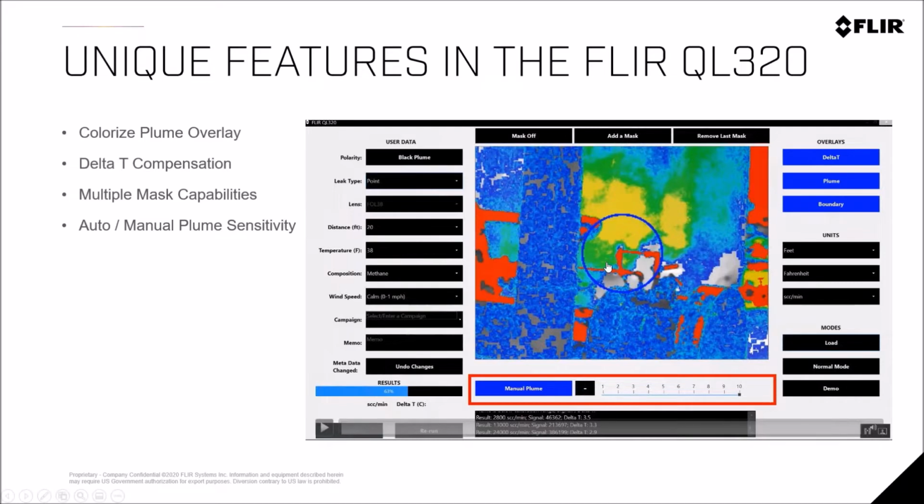So for those people that need the most accurate, and they're tethered with the cameras, is a huge advantage of using the QL320 tethered versus manual, where you can change it in Q mode, but this helps while you're in the field to understand what's happening. In this case, you would play with that. Generally, the leak is going to be at around 7 to 8. Very similar to those people that use high sensitivity mode, use it at number 2 almost exclusively in the research that we've done.